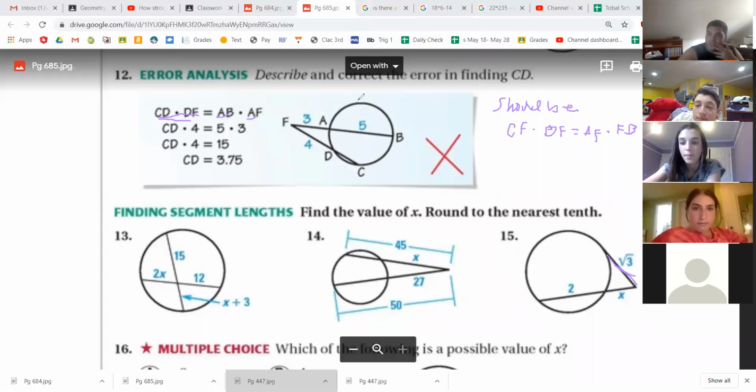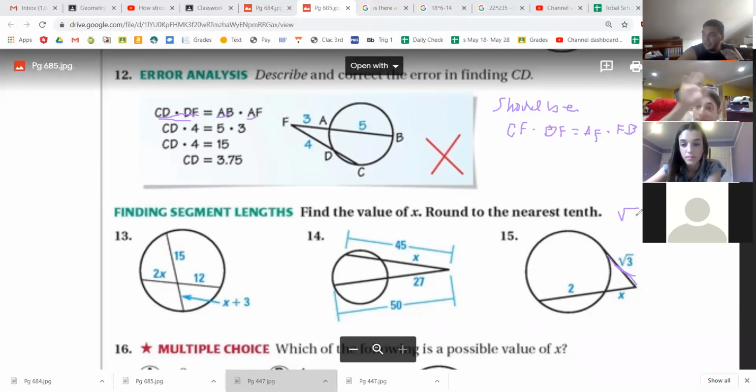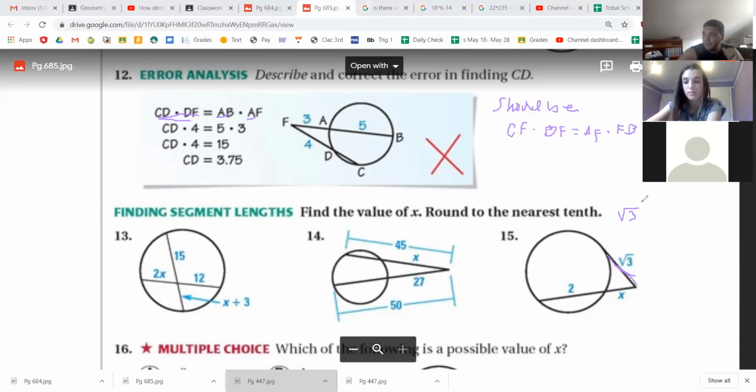Most of you guys are there, that's fine. Layla, if I said your name, you're free to go. Remember, you're going to set it up as square root of 3 squared equals x times x plus 2. This one will be a factoring one.